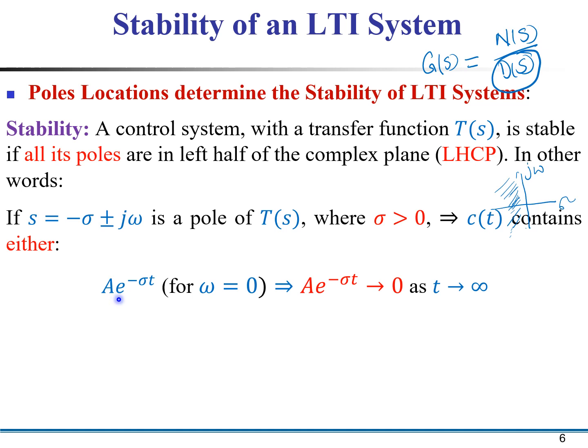And here it is a e to the power minus sigma t, and sigma is positive. So as the time approaches infinity, a e to the power minus sigma t also approaches 0. This means the natural response of the system approaches 0. This means c(t) will tend to 0, and we know that whenever c(t) approaches 0, the system is stable.